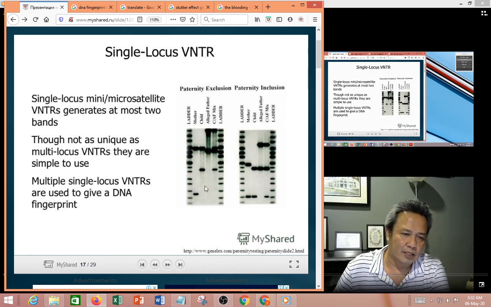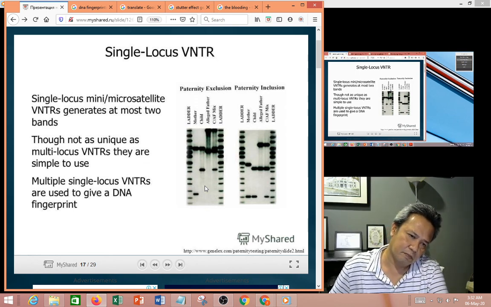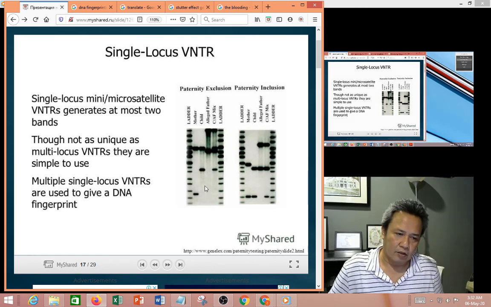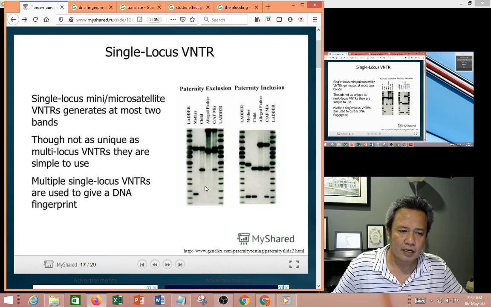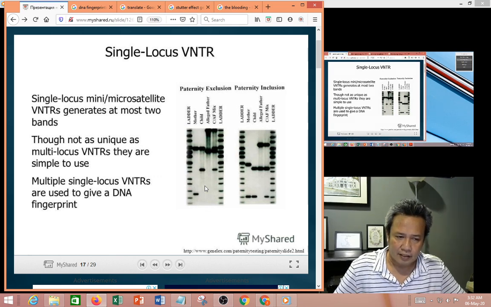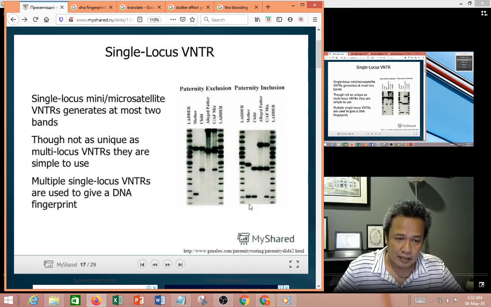But this one, control, what is a C? So this one just wants to show that you mix the child and an alleged father. Now you can see 1, 2, 3, 4 bands. Unlike this one, this is another alleged father. So again, this is mother, this is child.